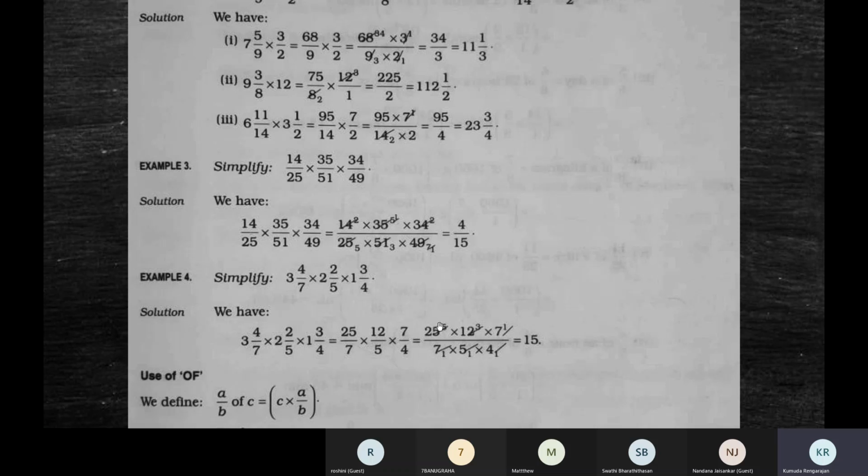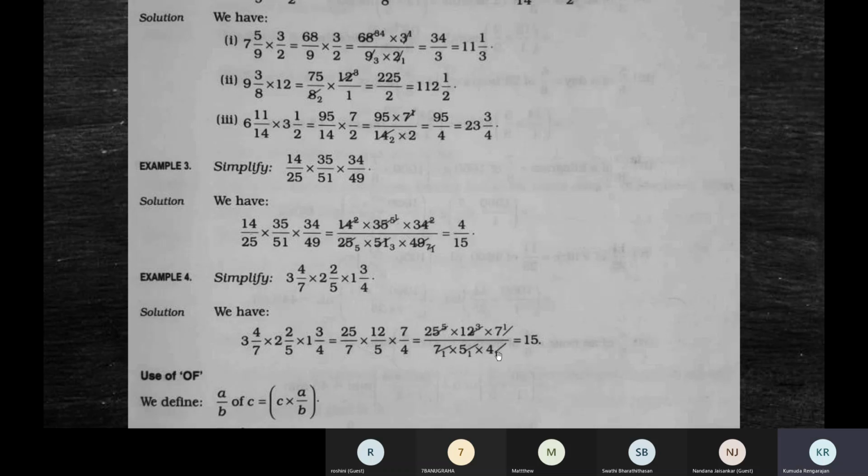Strike out 25 and write 5 above it. Then in the denominator, strike out 5, and 5 divided by 5 is 1.